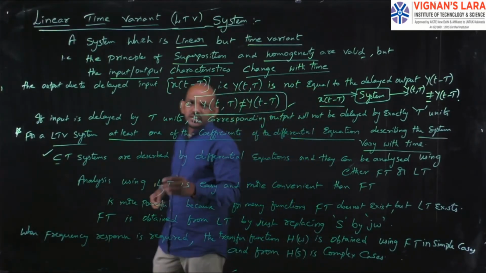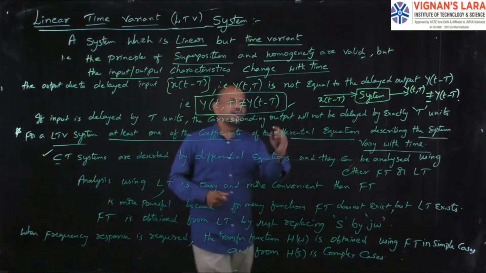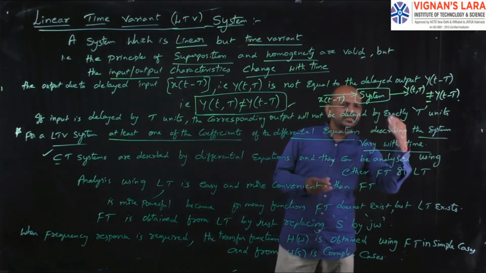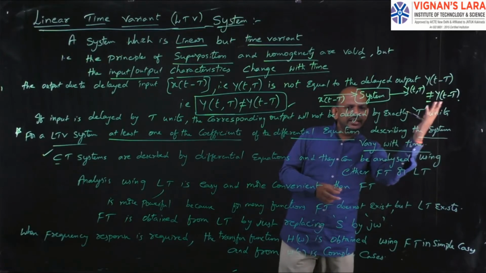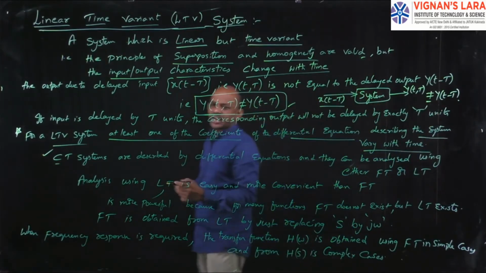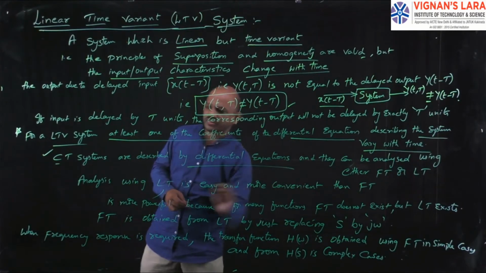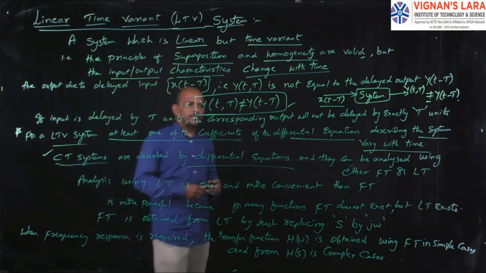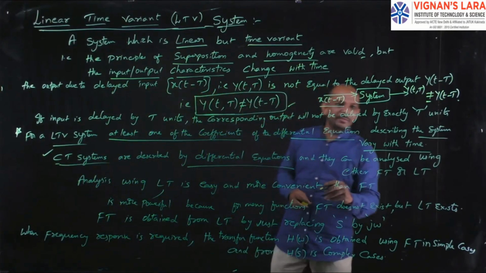In general, if x of t is given as an input to the system and it produces an output y of t, then that continuous time system is described by differential equations, and they can be analyzed.